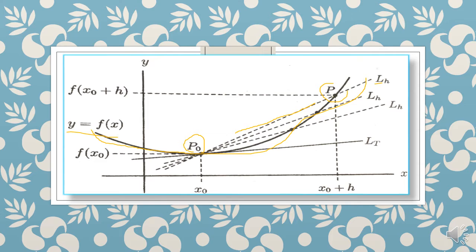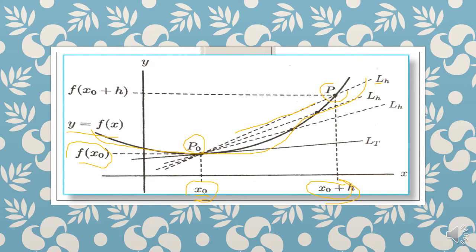Suppose that P sub O has coordinates x sub O and y sub O. So let's say si point P sub O natin ay meron siyang point na x sub O at saka y sub O, or f of x sub O, and P has an abscissa. So si point P naman has an abscissa x sub O plus h. Okay, yung x coordinate ng point P natin.